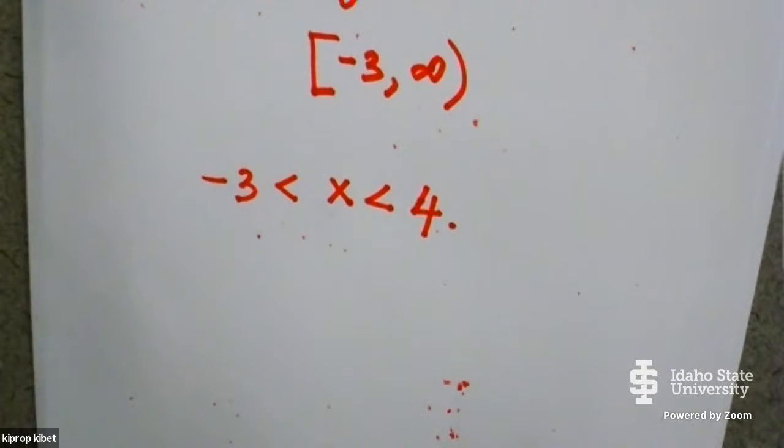You can read this as x is greater than minus 3 and less than 4. Now, how should we represent this in a number line? How should we represent that in interval notation?